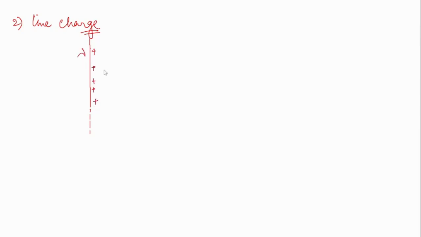The next is for a line charge. Let's say this is a line having linear charge density lambda. Then the equipotential surfaces will look something like this.